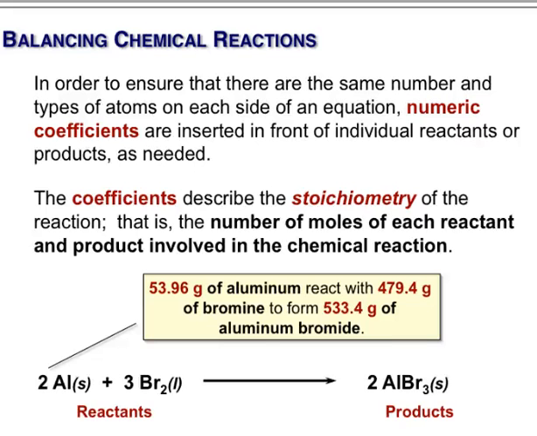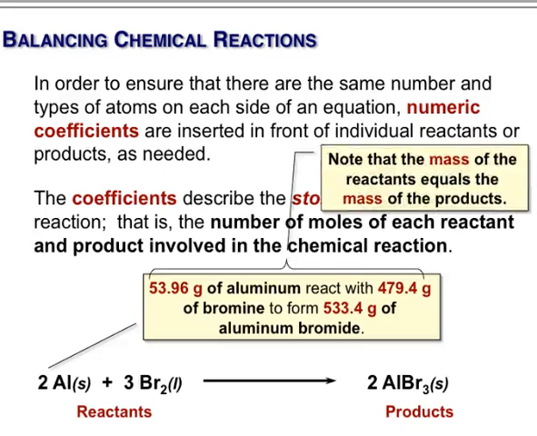Simple stoichiometry. Also note, if you add up 53.96 and 479, you get 533. This is the conservation of mass that we learned from Lavoisier back in chapter 3. The mass is the same on both sides.